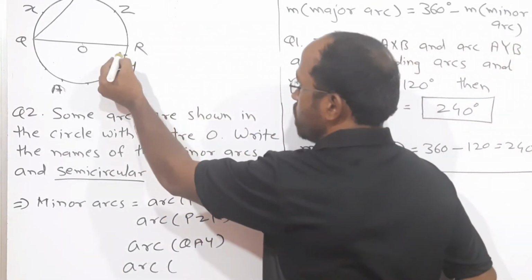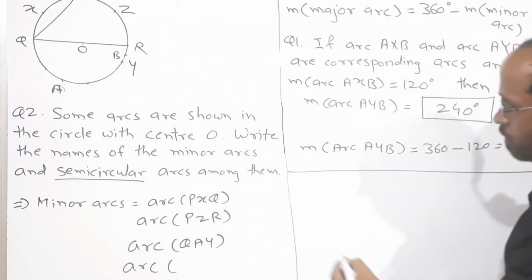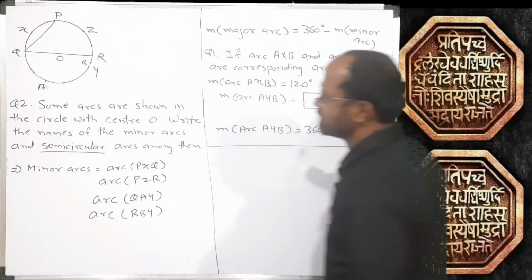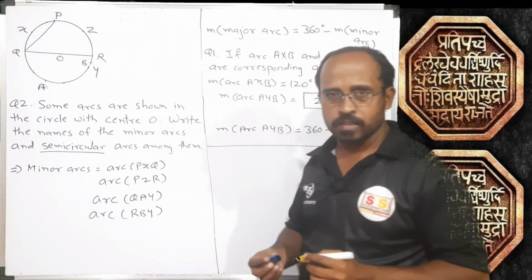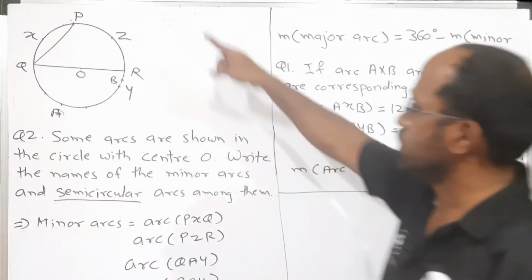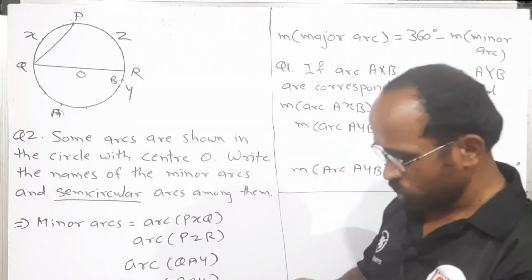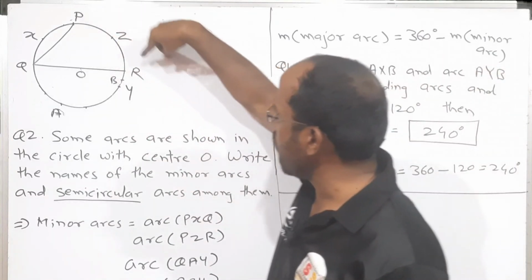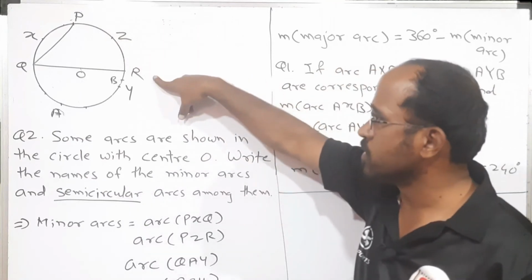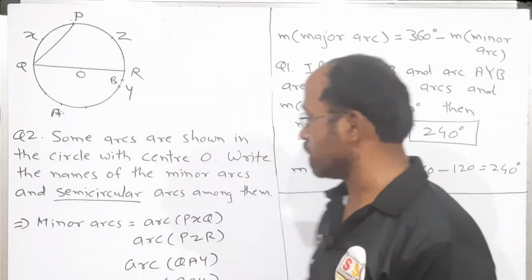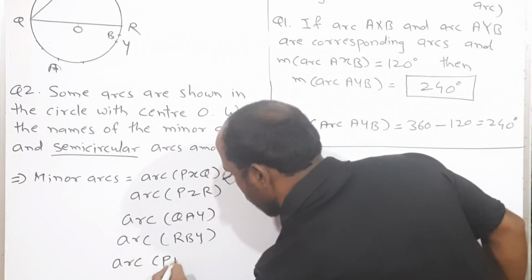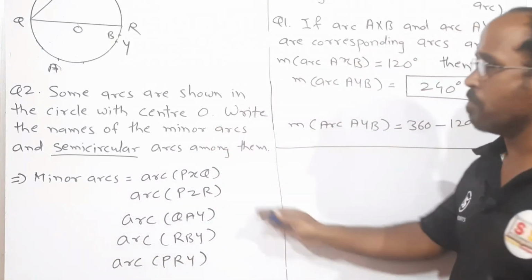Let's mention one point B. So arc RBY. These are the smaller arcs. Now don't consider the points which we have drawn like Z, A and B. This arc PRY, is it looking smaller than a semicircle? Yes it is. So arc PRY is also a minor arc.